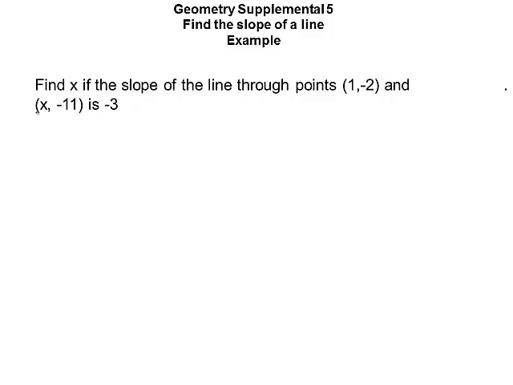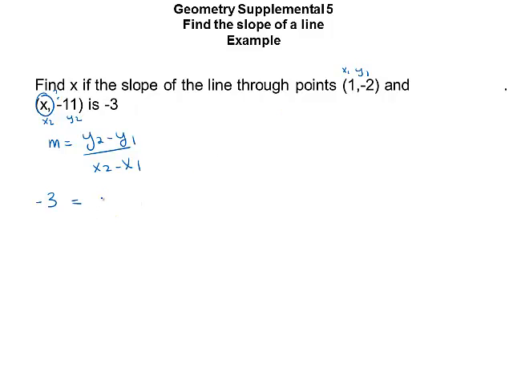All right, here we're going to find our missing value. Okay, so what we have is slope is equal to y2 minus y1 over x2 minus x1. So negative 3 is equal to, I'm going to call this x2, y2, and this one x1, y1.